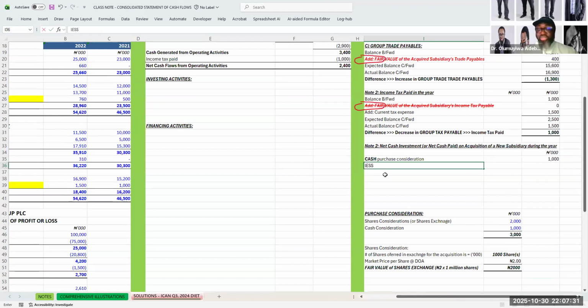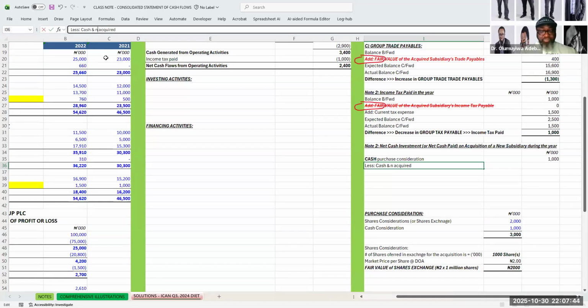Therefore, we need to deduct any cash or cash equivalent acquired in the new subsidiary as at acquisition date.